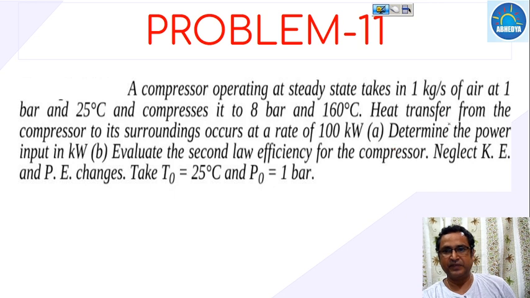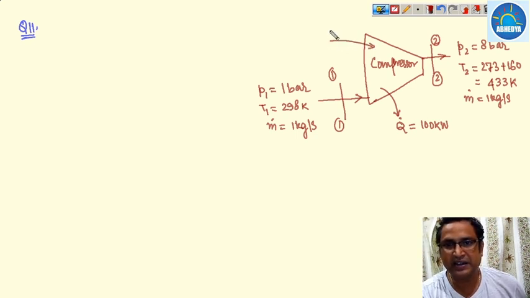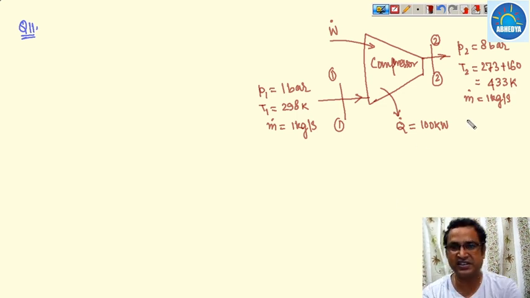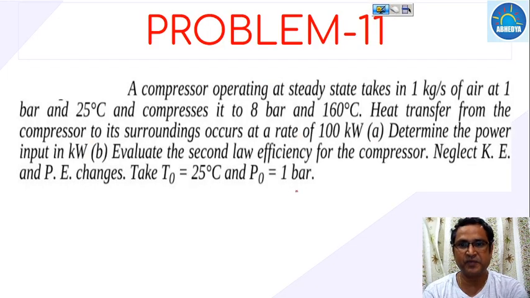Determine the power input in kilowatt. Now let us assume that we are providing this much power to the compressor, and the compressor releases 100 kilowatt to its atmosphere.